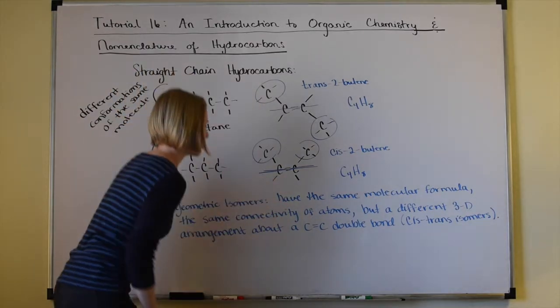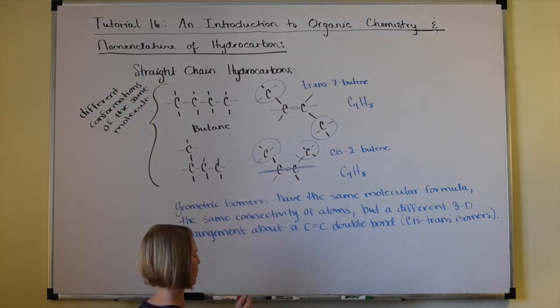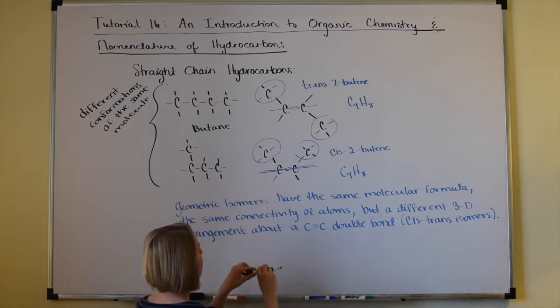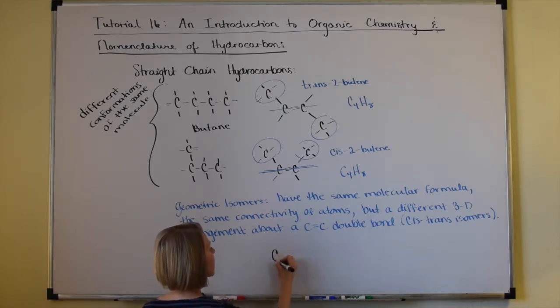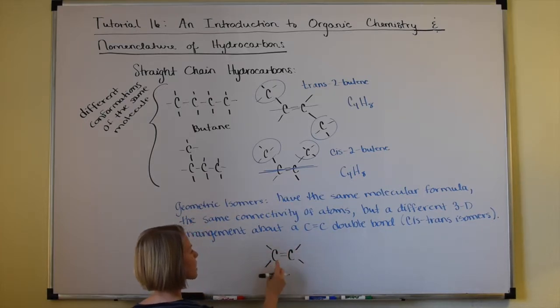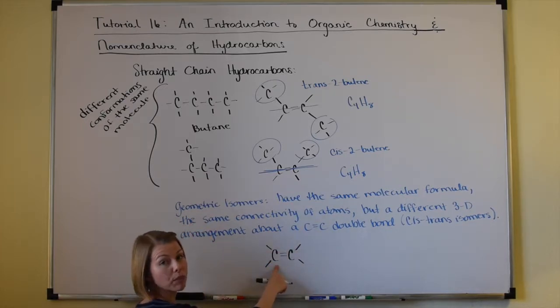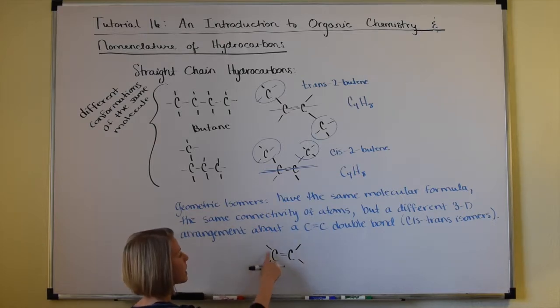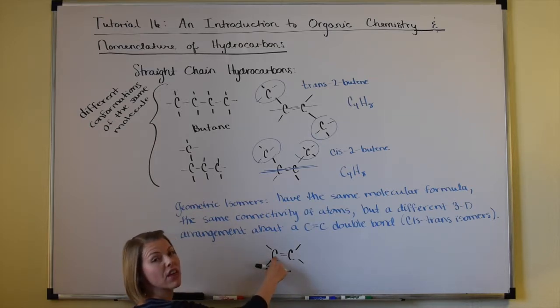Well, what you want to do, let's go back to the black pen here, because I want it to really stand out, is take a look at the two substituents on the carbons in the carbon-carbon double bond. So there will always be two other things attached to a carbon that is participating in a double bond.